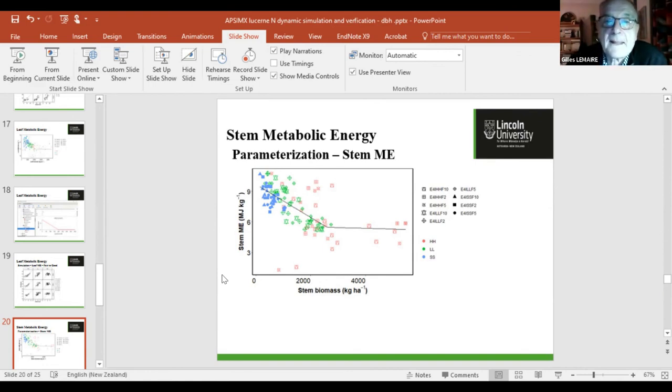In the literature, for example, some people said the stem of this variety is less digestible than that variety. But if the stem has big biomass, it has lower digestibility.